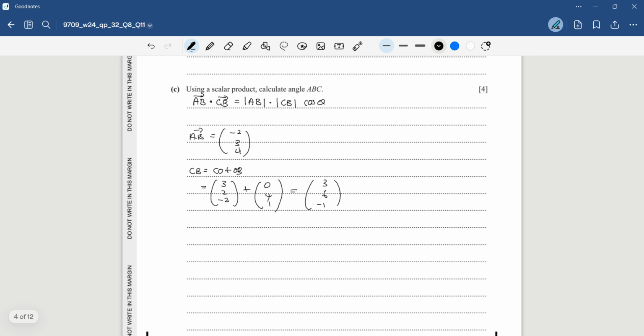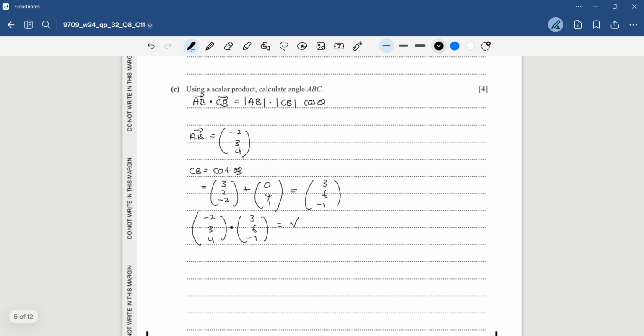So the vector negative 2, 3, 4 dot 3, 6, negative 1 is equivalent to the magnitudes times cos theta.